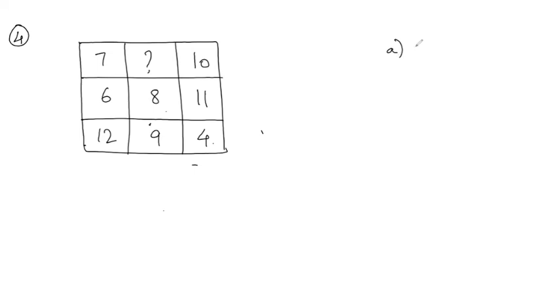Option A 2, option B 4, option C 6. Okay, this is the question. In square questions, do you know what is a column and a row? Do you know what row and column mean, everyone?